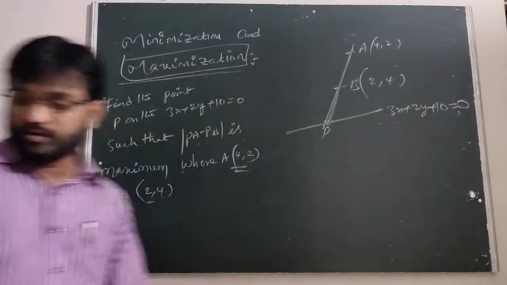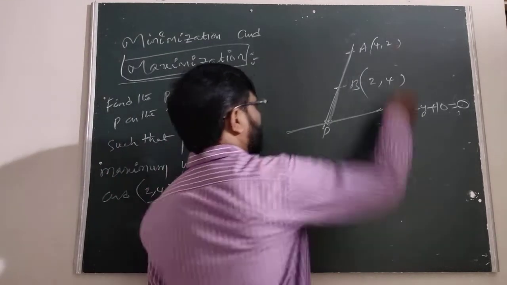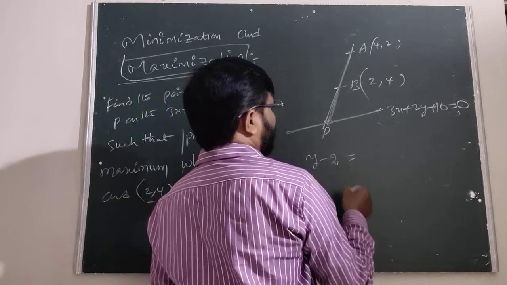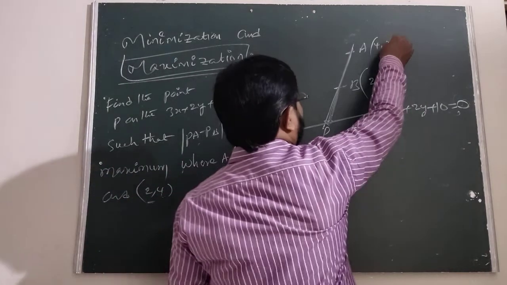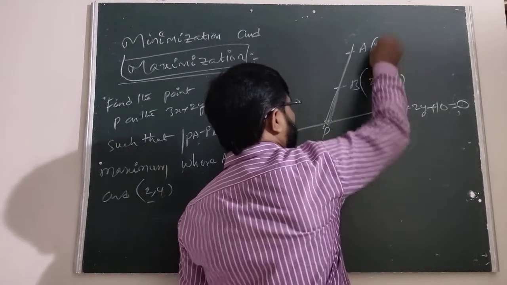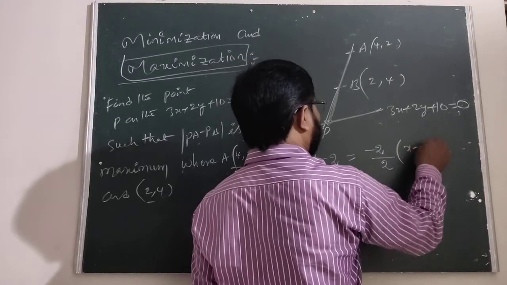Now the equation of the line in the two-point form: y minus y1 equals y2 minus y1 by x2 minus x1 times x minus x1. That is y minus 2 equals 2 minus 4, which is minus 2, by 4 minus 2, which is 2, times x minus 4.